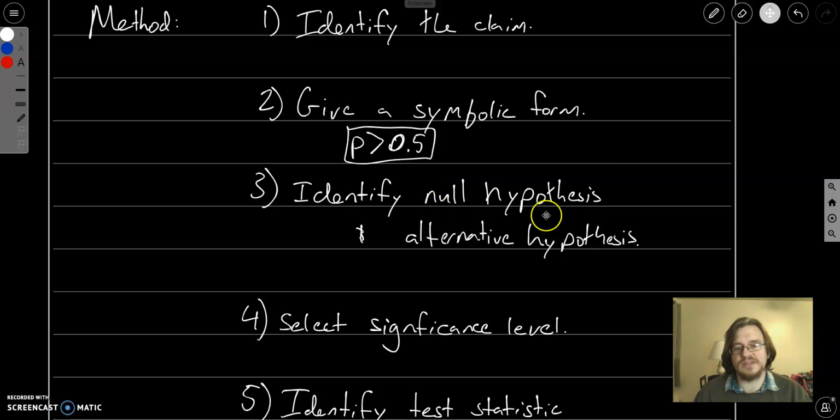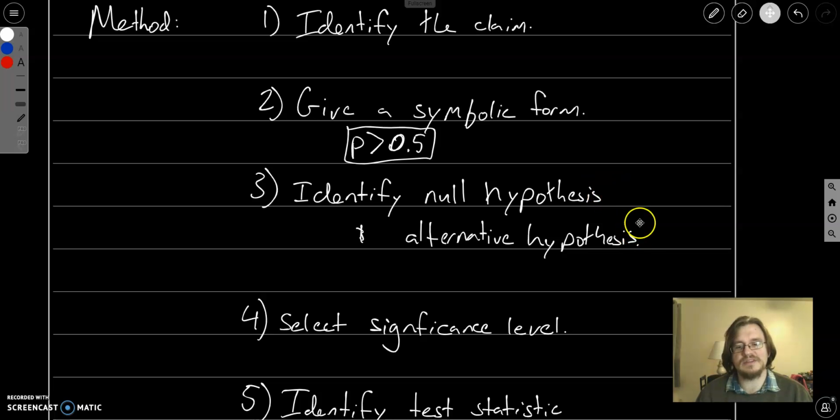I'll define these on the next page, but for the moment, you should think that these are somehow opposites. What we'll do is test the null hypothesis. So the null hypothesis is going to be a claim, and at the end of our hypothesis test, we'll be able to say, have we supported the null hypothesis, or have we disproven it? Can we reject the null hypothesis? The alternative hypothesis is what we would use if the null hypothesis is rejected.